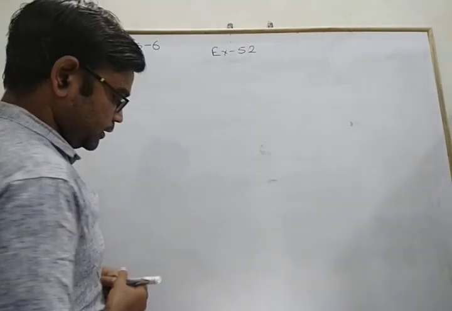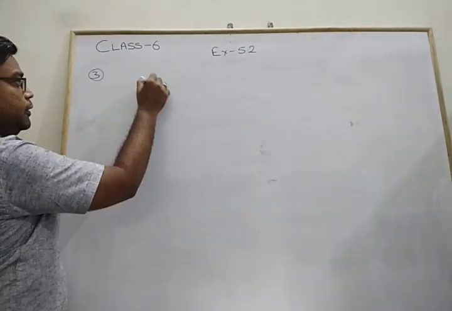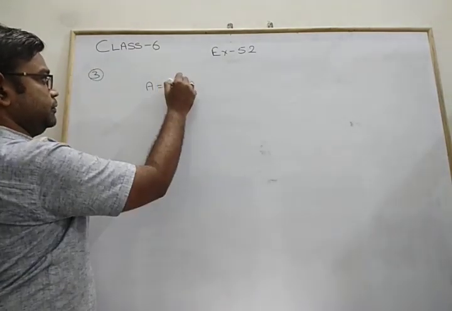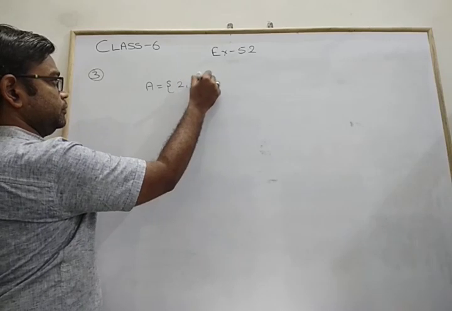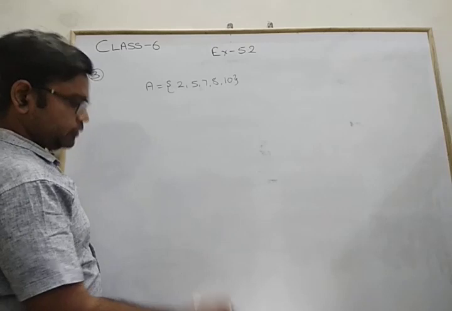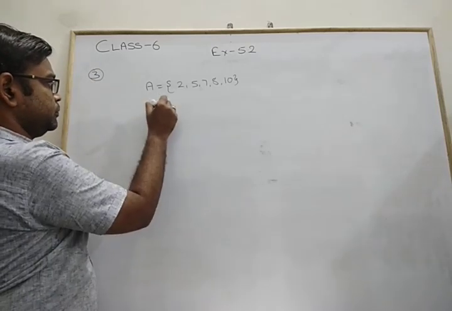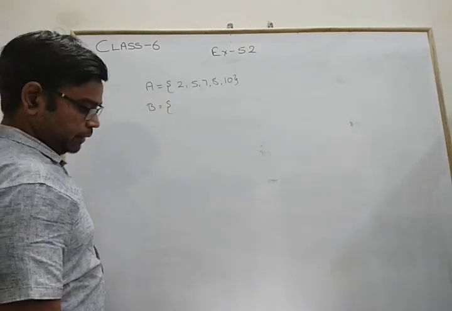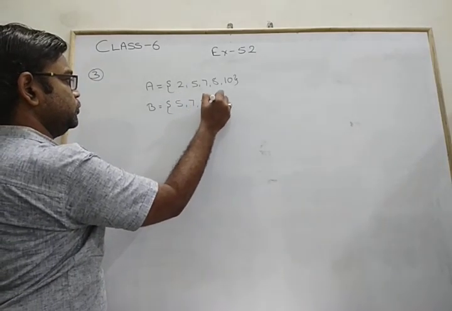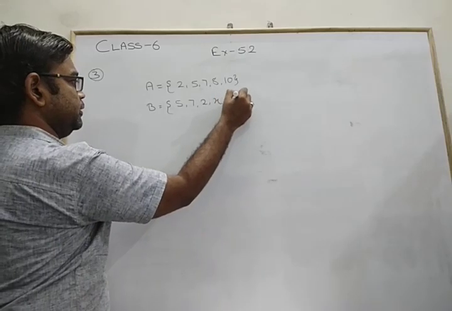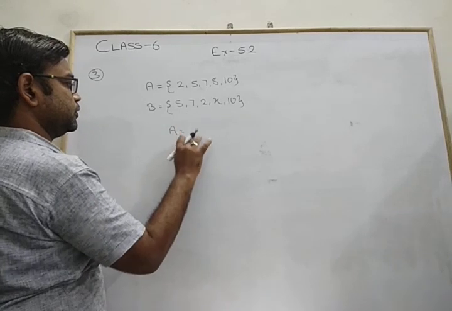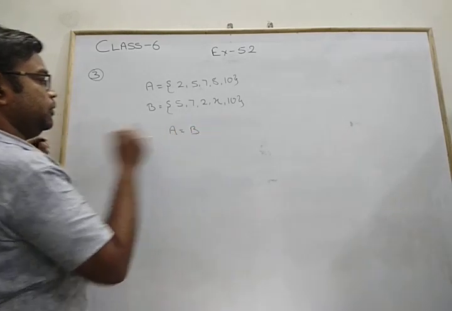Now the last question, 3. Question number 3 says that A is given as some numbers: 2, 5, 7, 8, 10. B is also given: 5, 7, 2, x, 10. And it is also given that A equals B. What is the meaning of this?